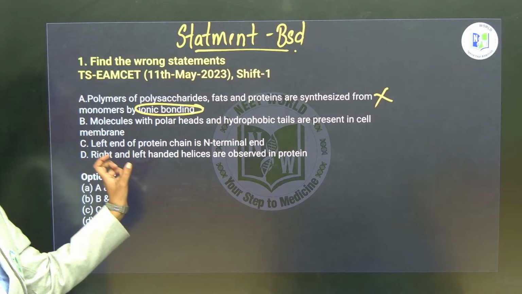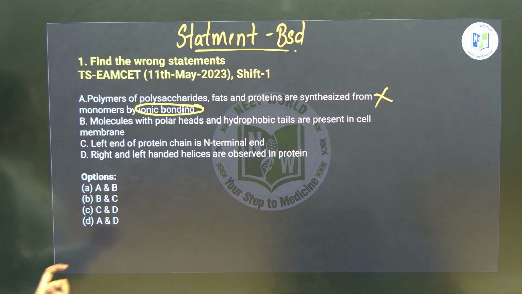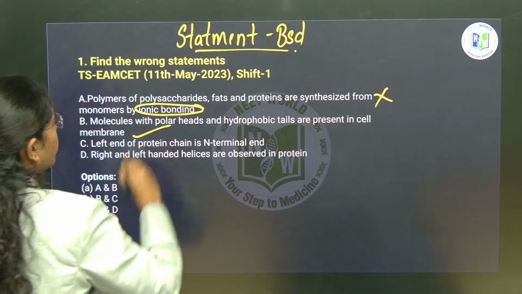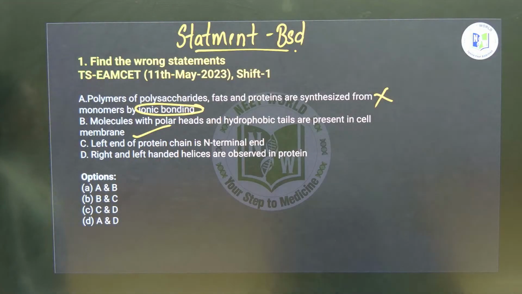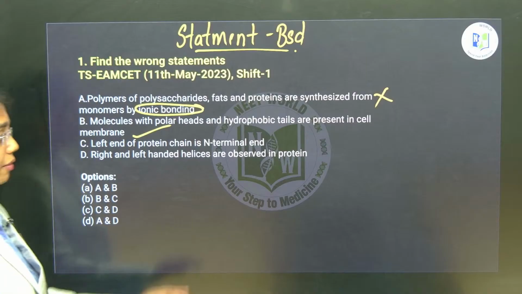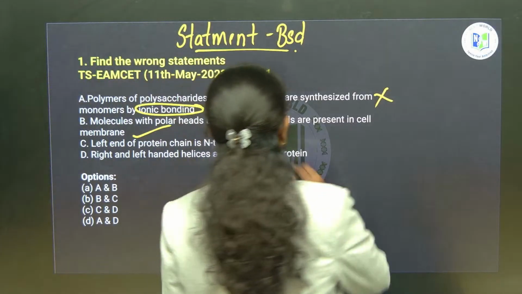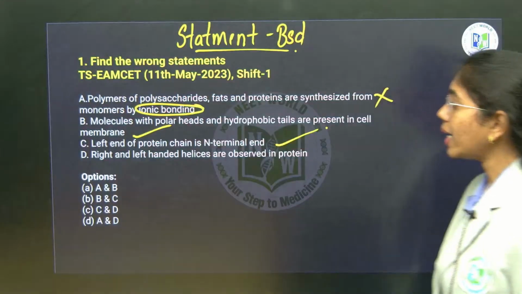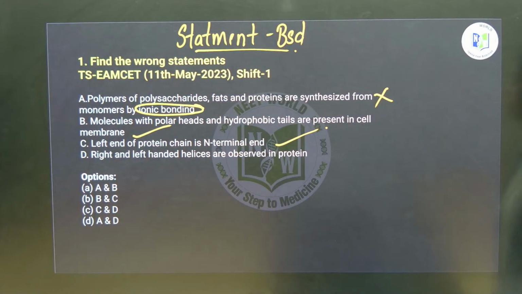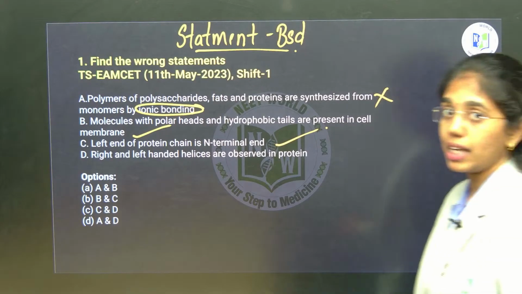Molecules with polar heads and hydrophobic tails are present in the cell membrane. True. Left end of the protein is the N-terminal end. True. Left end is N-terminal, right end will be C-terminal. Right and left handed helices are observed in a protein. Most commonly you will see right handed helices.